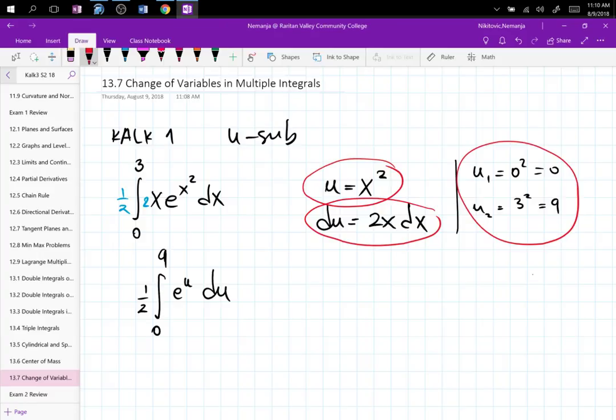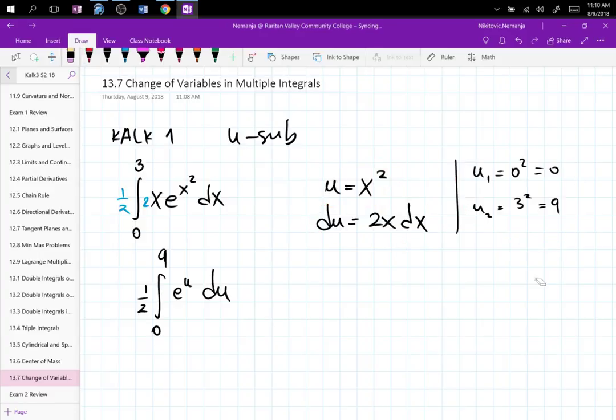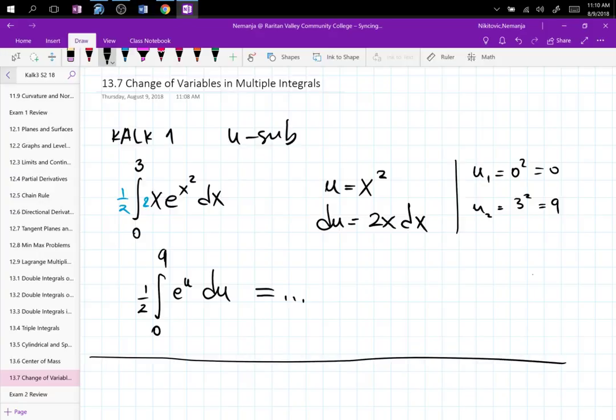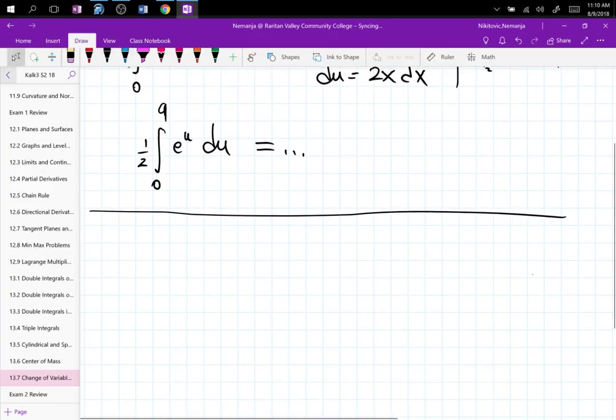So now when we move to Calculus 3 and talk about the change of variables in multiple integrals, which is the reason why I call this U sub on steroids, your domain now is not only x, your domain is x and y, which means that you have two variables to transform, or three variables to transform.